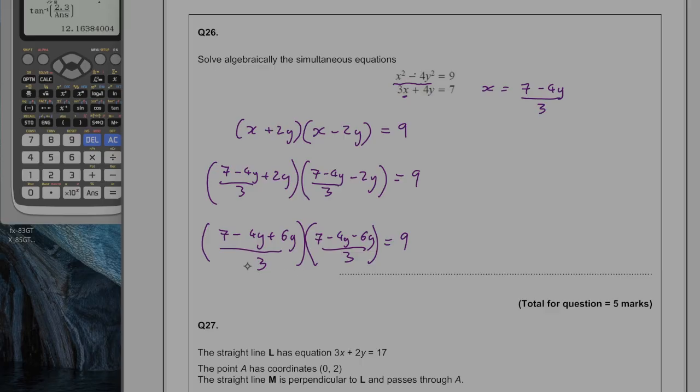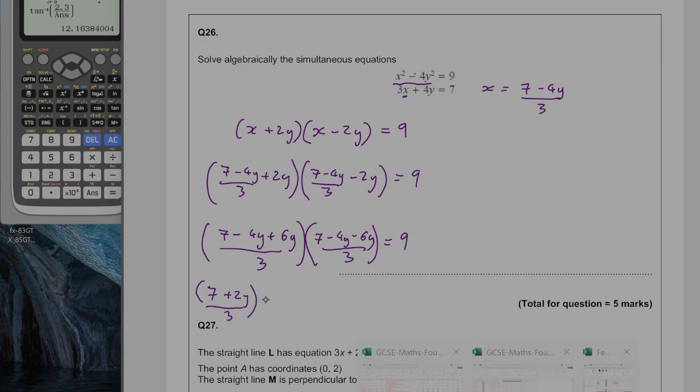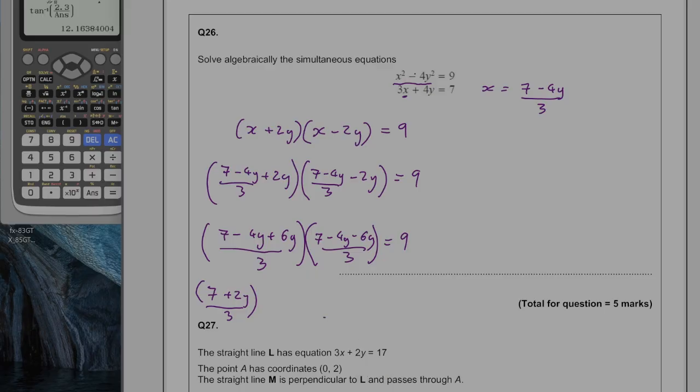Right, so let's tidy both those brackets up for now. So I'll do it here. So that's going to be 7 plus 2y over 3, times by 7 minus 10y over 3. And that's going to be equal to 9.